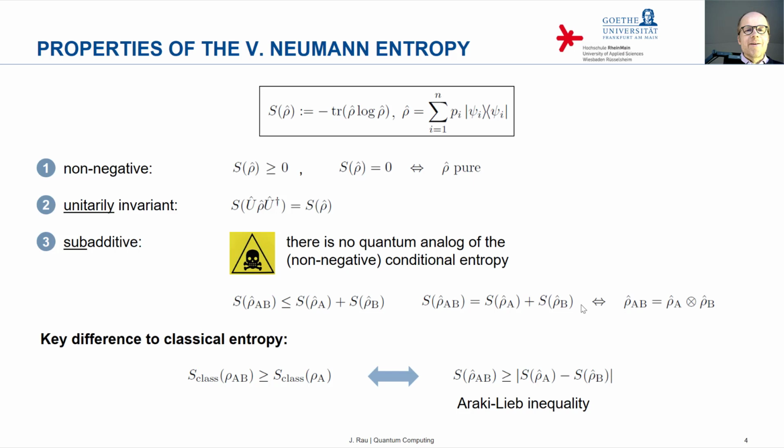Then the Araki-Lieb inequality tells you, well, the left-hand side is 0. The composite system is in a pure state. So the right-hand side must also be 0. And this means that the entropy associated with the photon must be equal to the entropy associated with the atom. So you have two totally different systems, but you know they are entangled. And then you can immediately say that the entropies of the two respective subsystems must be equal.